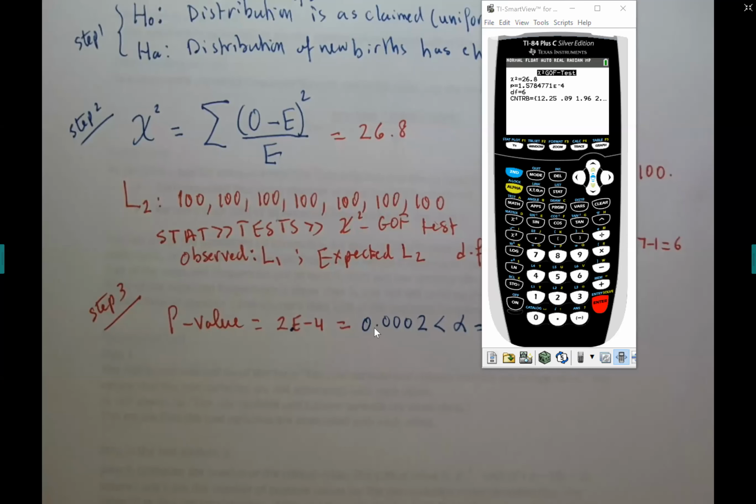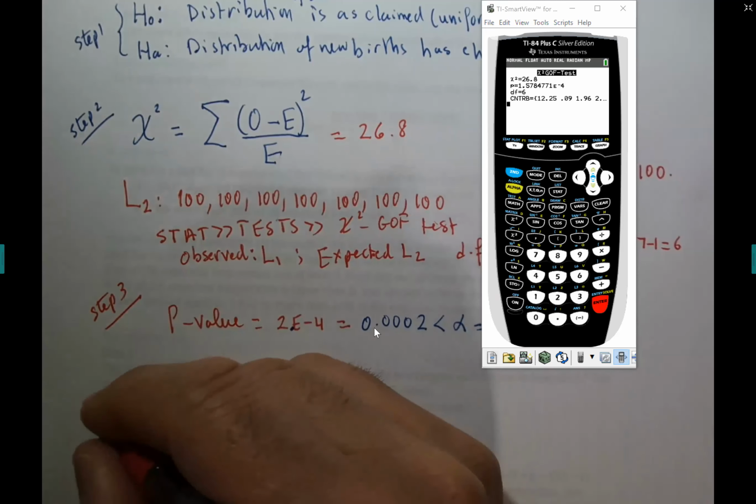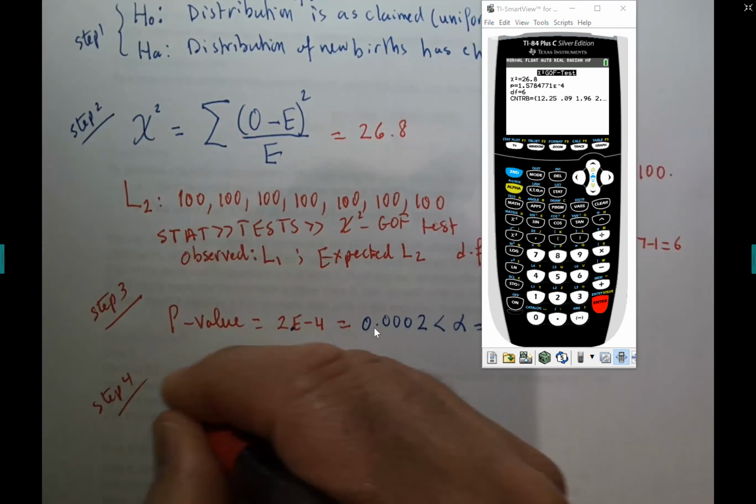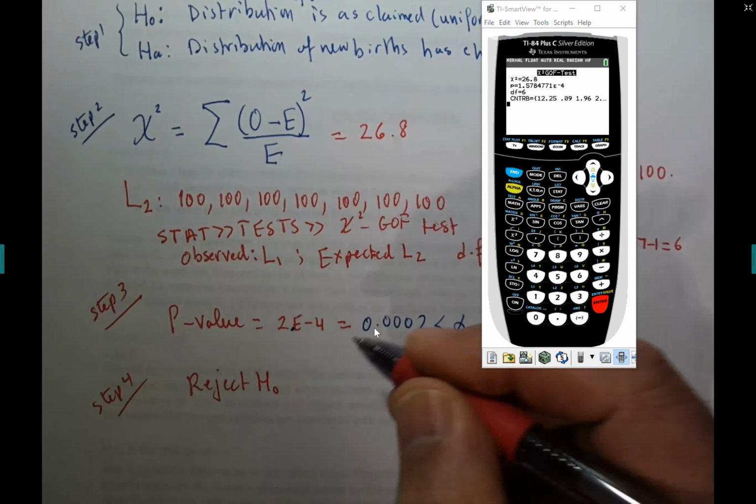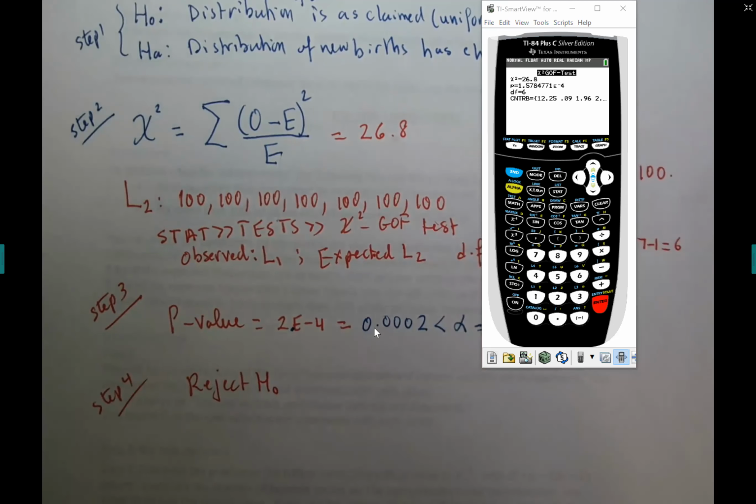So we got the p-value less than alpha. Step 4, reject H0. Why? Because p-value is less than alpha. And step 5, guys, last step.